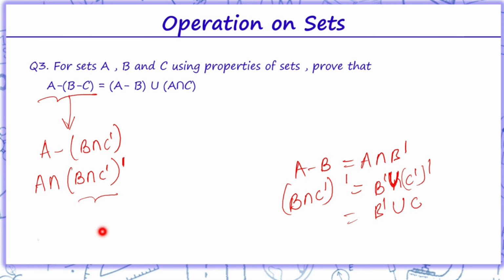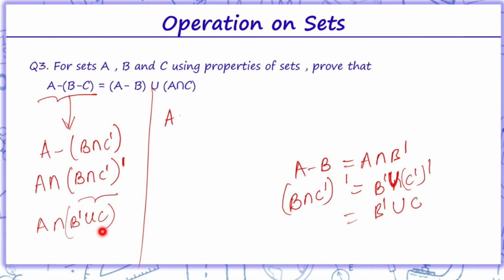So in place of this, I can write over here A intersection B, this can be written as B complement union C. Now we will solve this one.